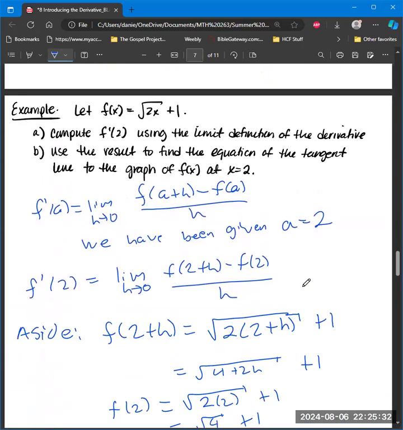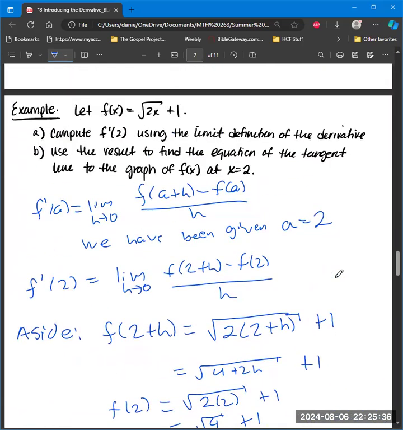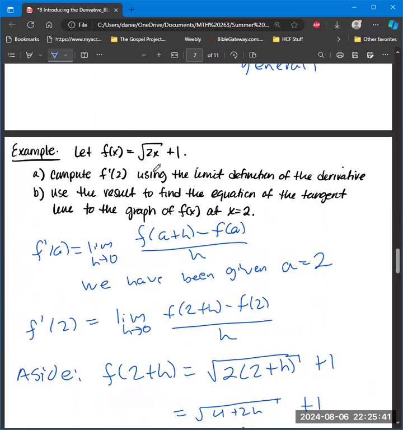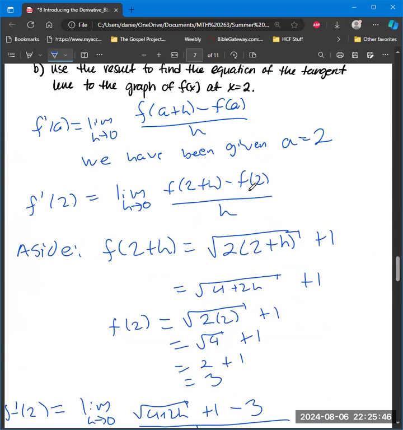If we were asked to find the equation of that tangent line there, I'd need another piece of paper. Actually, I just need to give myself some more space here. This is because there was a part B to this. Move some of this up so I can answer part B that I never answered.